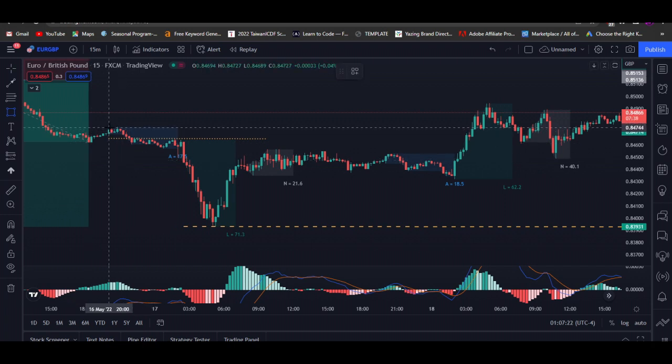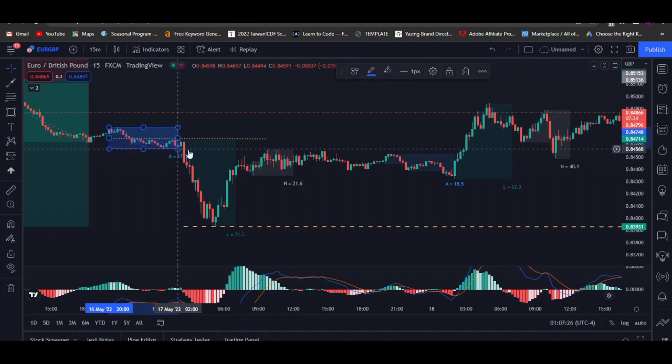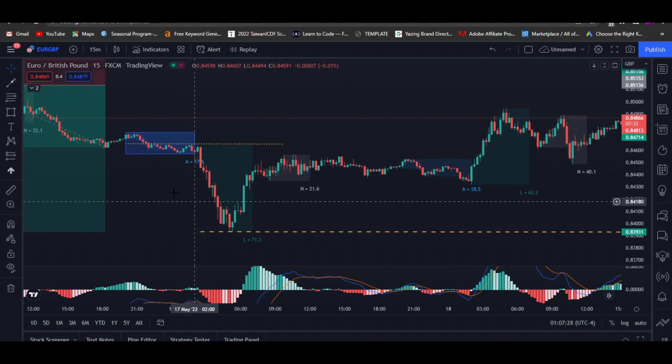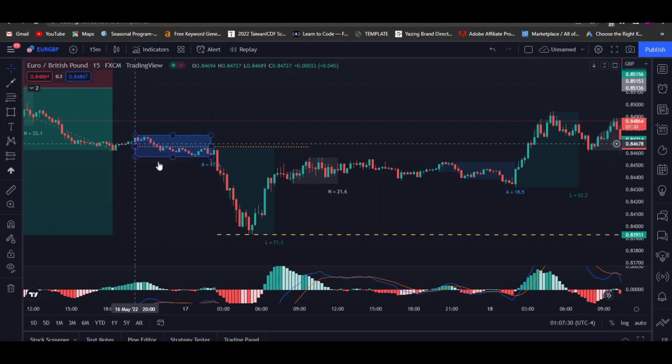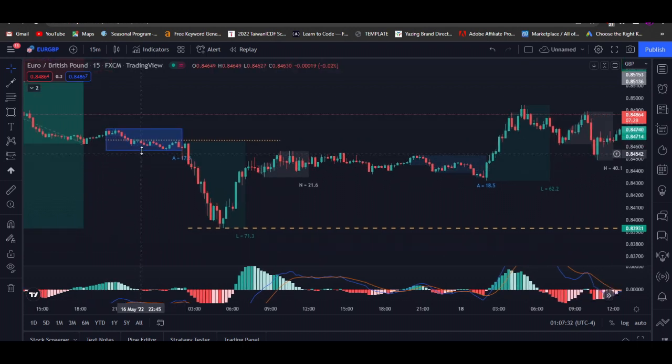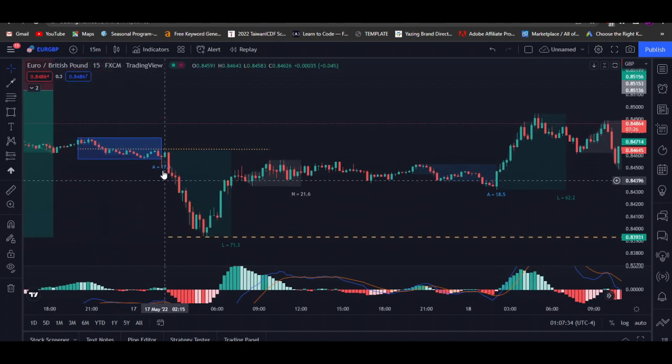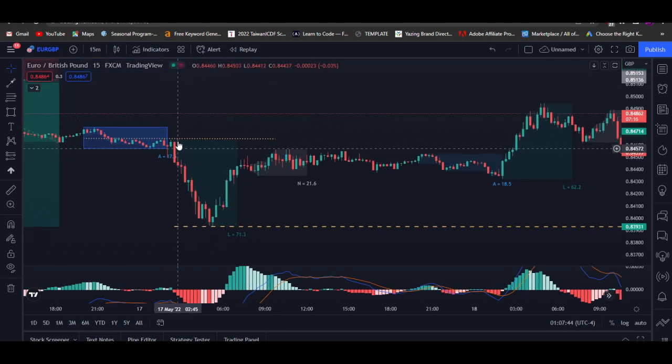Let's redraw the Asian box a bit clearer. As you can see, price went down with the wick right here below the Asian box, and then came up back with this bullish candlestick right here, and then bounced off of the middle of the Asian box right here with this bearish candlestick.